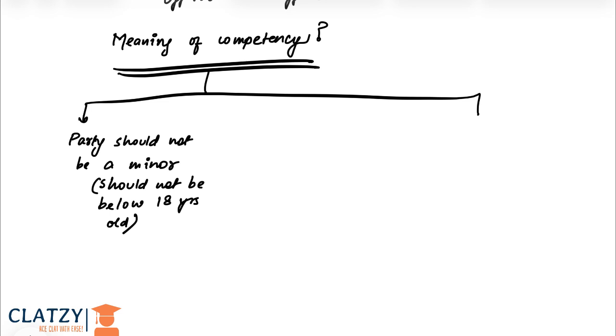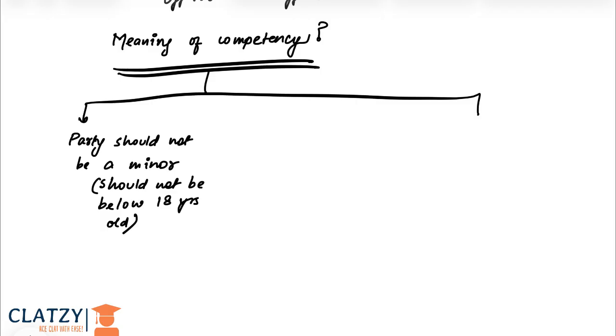You don't need to go into the details of it, but just understand that there is a statutory framework or legislation which defines the term major or minor. All right? And for your understanding, don't go into the definition and all, just understand that anybody who is below 18 years of age is a minor, okay? And anybody who is 18 years or above is a major.